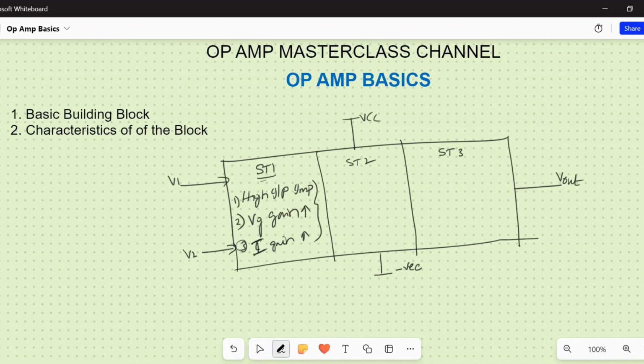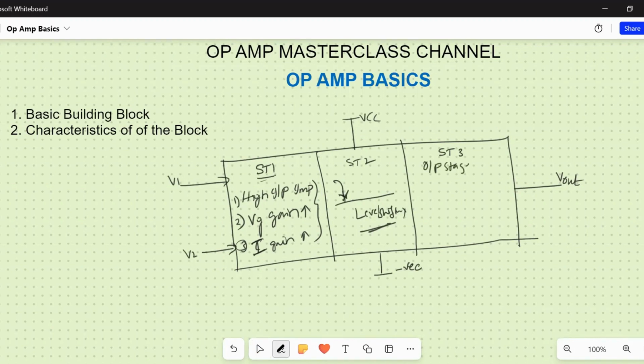It would have drifted away from the baseline. So it is always required to bring this output back to the baseline. Therefore, we need level shifters to bring the output back to the zero level or the ground level.